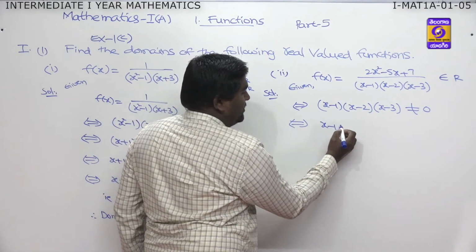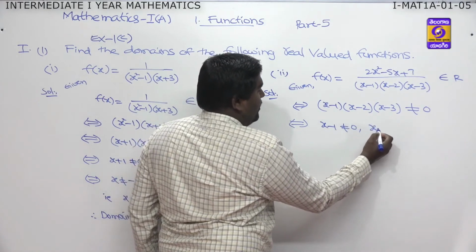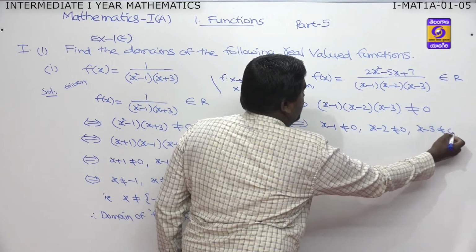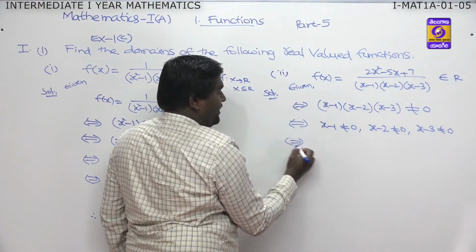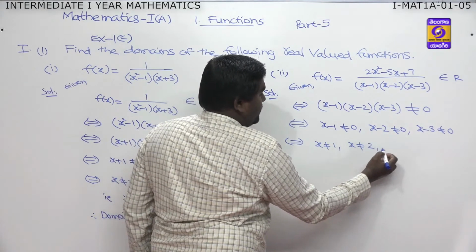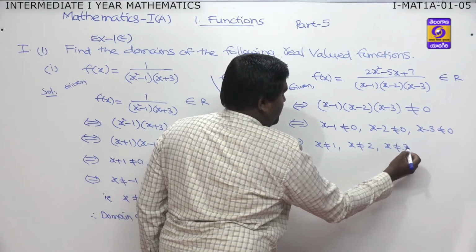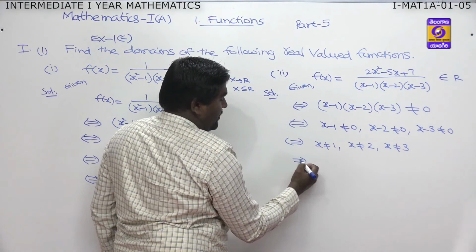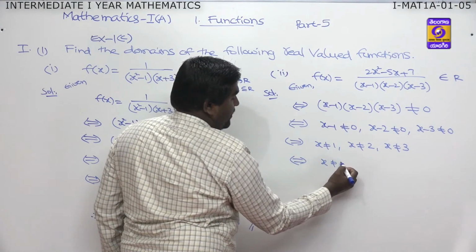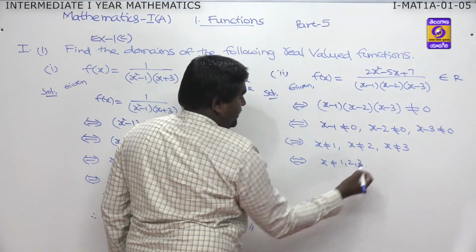So it is x minus 1 not equals to 0, x minus 2 not equals to 0, x minus 3 not equals to 0. Try to find the values of x here. x is not equals to 1, x is not equals to 2, x is not equals to 3. It is nothing but x is not equals to 1, 2, 3.